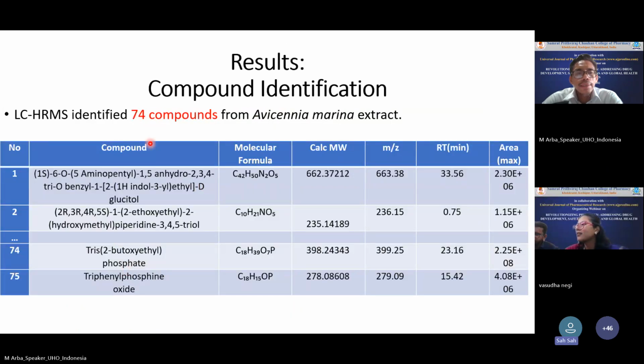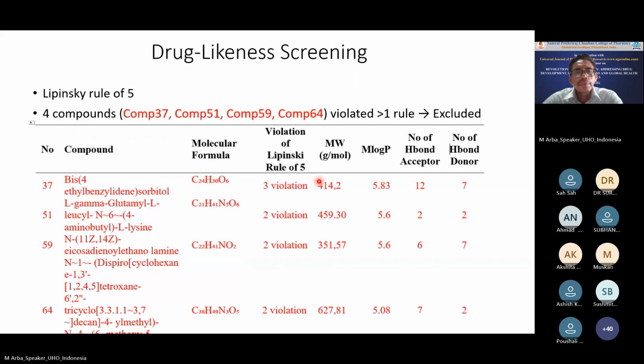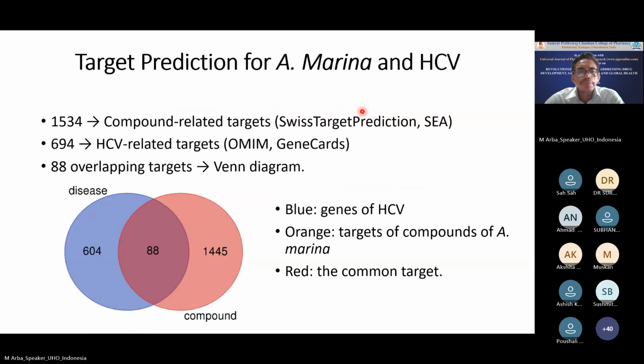The LC-HRMS identified 74 compounds from the Avicennia marina extract, and from that only 4 compounds violated more than one Lipinski rule, so we excluded the 4 compounds from further analysis.